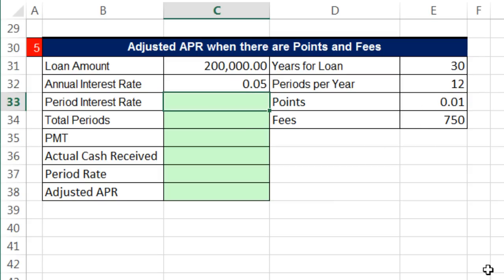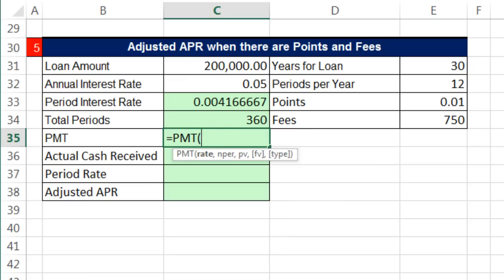All right, ready? The period rate equals 5% annual rate. Notice I have it as a decimal here. It does not matter if you have it as a percent or a decimal. So that divided by number of periods. Enter total periods. This is a 30-year home loan, so 30 times 12 will give us 360. The PMT equals PMT.